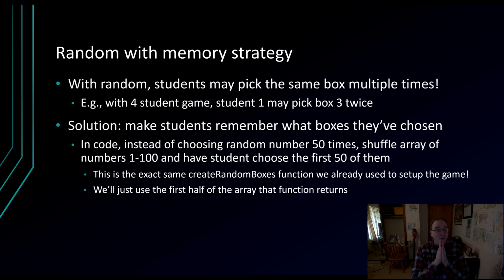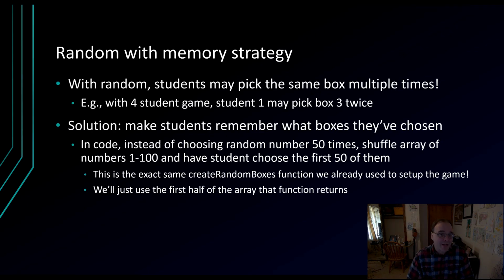Now, notice there's a cool way we can do this. If you remember right, we had already created a create random boxes function to set up the original problem. We set up 100 boxes with random numbers in all of them. We basically did this by creating 100 boxes with the numbers 1 through 100 in them, and then we called that shuffle array function that just mixed them all up.